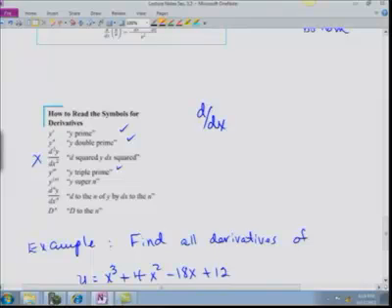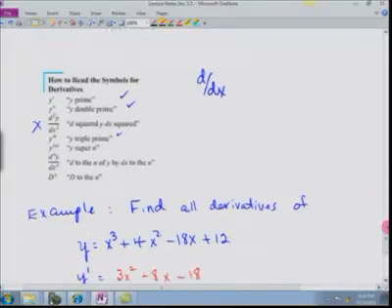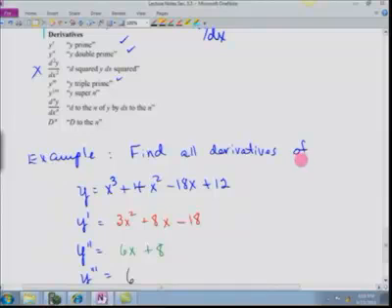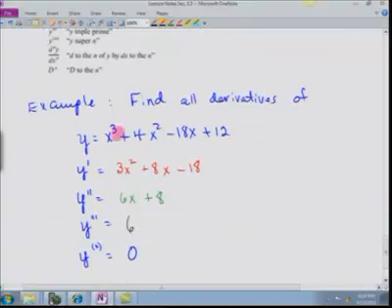So when you're finding higher order, you just keep going till you can't go anymore if you're asked to find all of them. That's what this example says. Find all the derivatives of x cubed plus 4x squared minus 18x plus 12. When you take it the first time, you get 3x squared plus 8x minus 18. Second derivative, 6x plus 8.